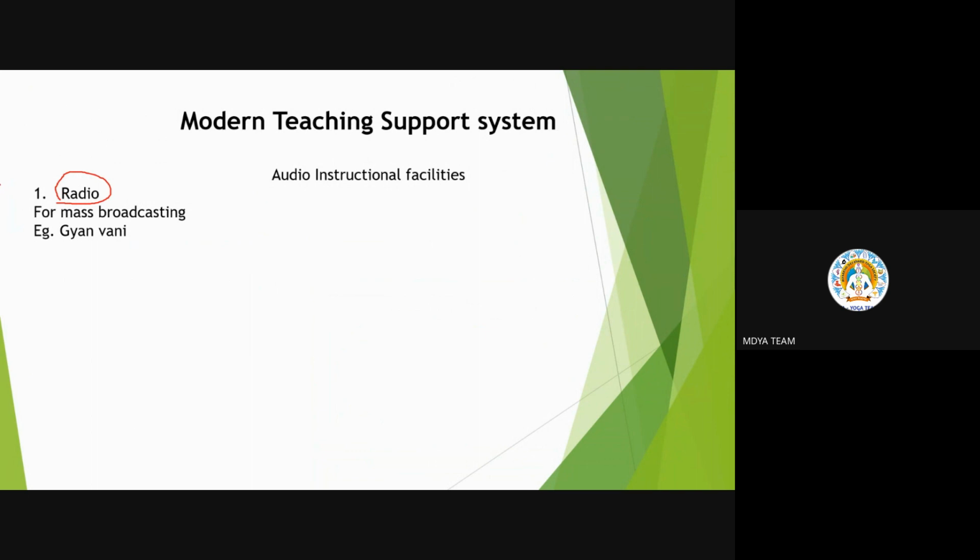And the example is Gyanvani. I think we have discussed a question related to Gyanvani. Do you remember? The question was which of the following is not correctly matched, and in that, one was MOOC, one was Gyanvani, and one was something related to television.